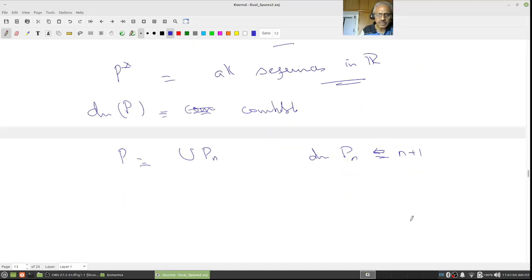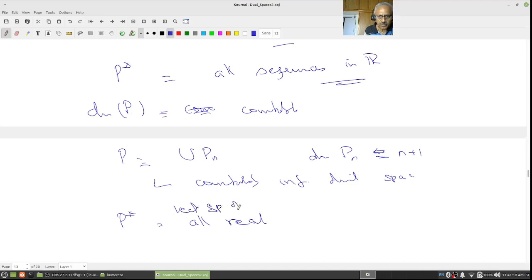Therefore this will be countable dimension, countably infinite dimension. But P star is all real sequences, the vector space of all real sequences.